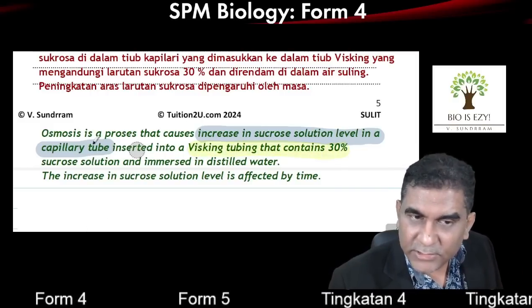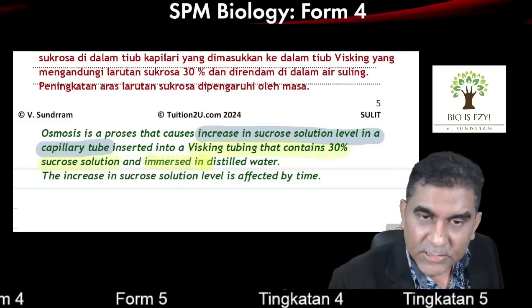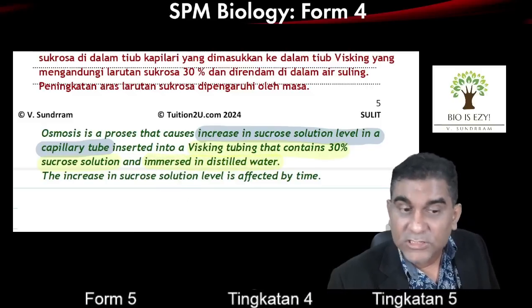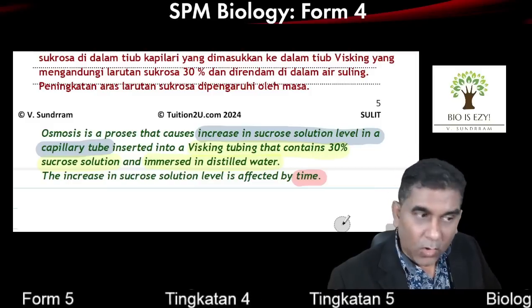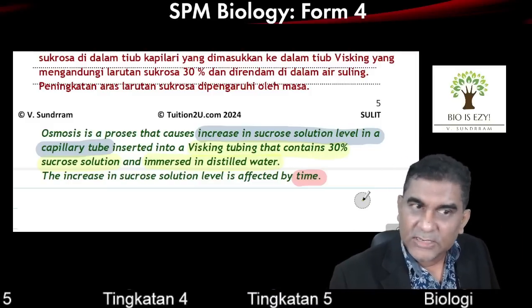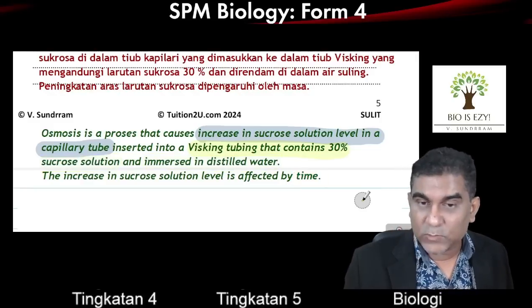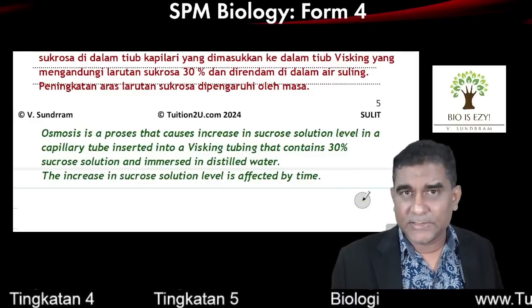Whisking tube that contains 30% sucrose solution, constant. Immersed in distilled water, constant. Affected by time, manipulated. All the variables are in the operational definition. That's supposed to be the last question. It's like the summary for the experiment.